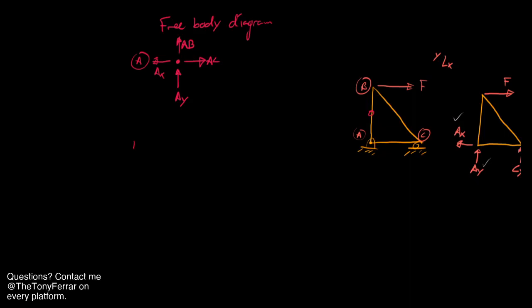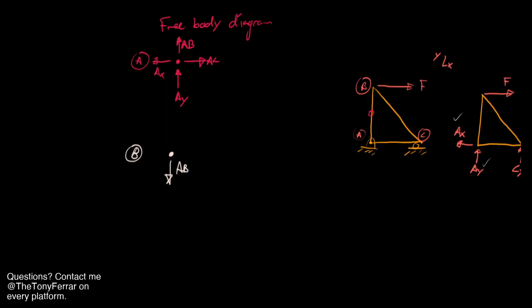So joint B gets a free body diagram as well. I'm going to draw it with a different color, to make it a little easier to differentiate here. And at joint B, we want to make sure that anything that happened in a different diagram is equal and opposite. So for example, the force AB runs vertically from the free body diagram in A, so it'll run down vertically this time.